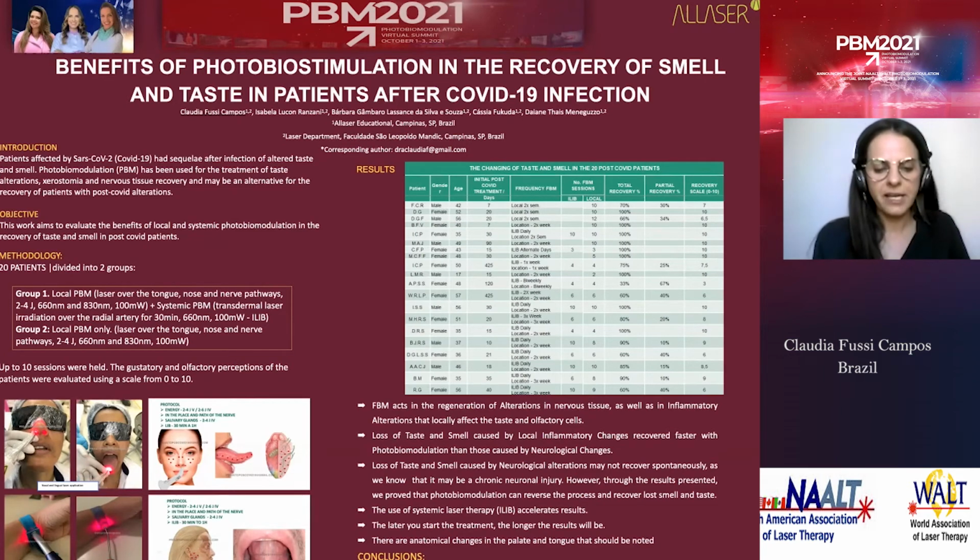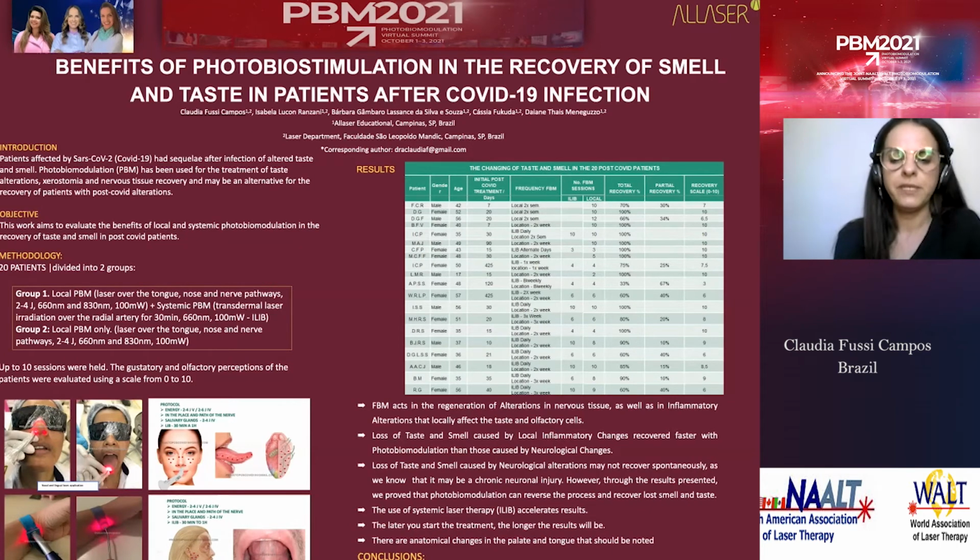Patients were divided into 2 groups. Group 1: local PBM plus systemic transdermal laser irradiation over the radial artery. And group 2: local PBM only. Up to 10 sessions were held. The gustatory and olfactory perceptions of the patients were evaluated using a scale from 0 to 10.